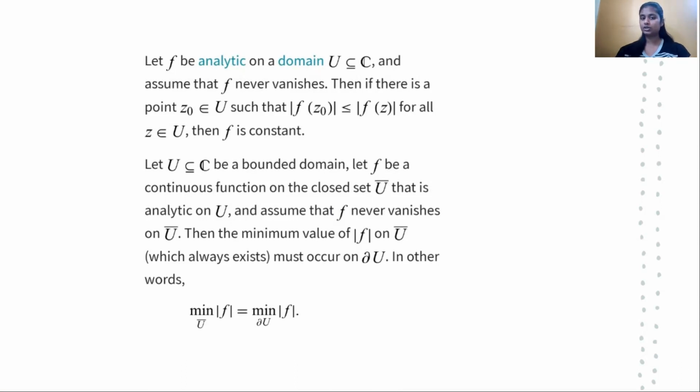Let f be a continuous function on the closed set U bar that is analytic on U, and assume that f never vanishes on U bar. Then the minimum value of |f| on U bar, which always exists, must occur at the boundary ∂U. In other words, the minimum of |f| on U bar is equal to the minimum of |f| on ∂U.